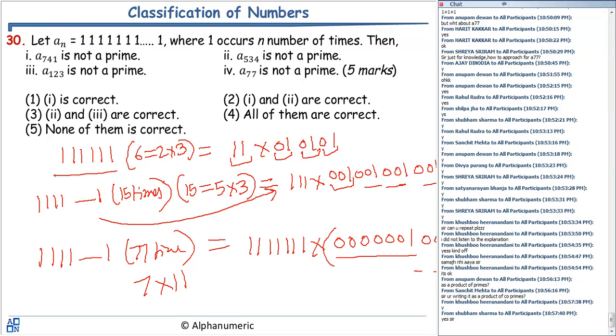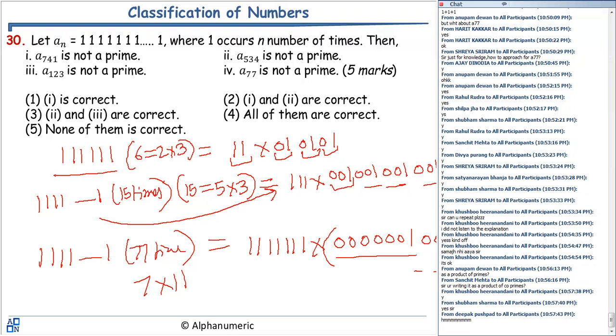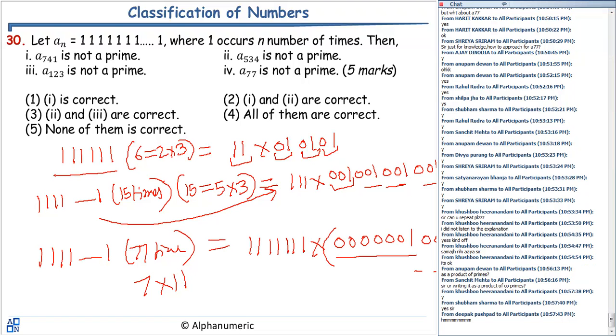You can factorize in this fashion. Okay, great, very good.